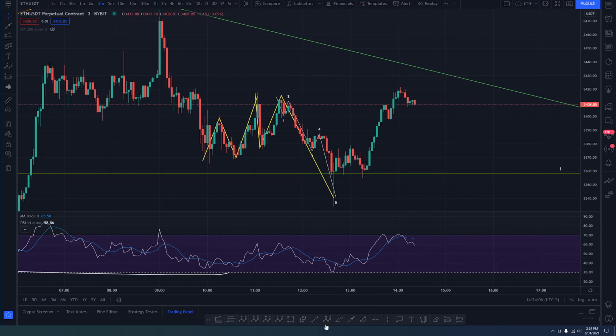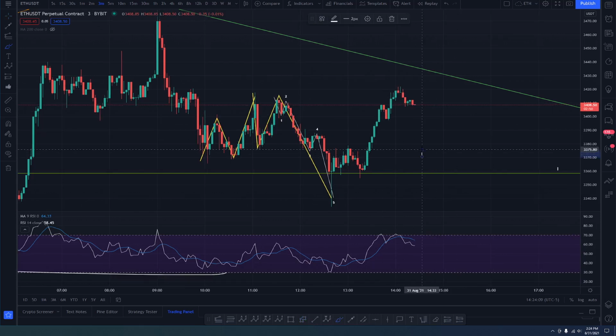Good question. Let's talk about it for a second. Why is this tricky? Well, normally in an impulse wave, you get a one wave and a two wave. And what's the rule about the two wave? What can it not do?